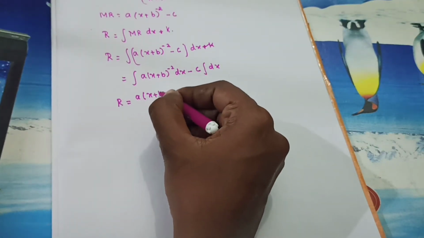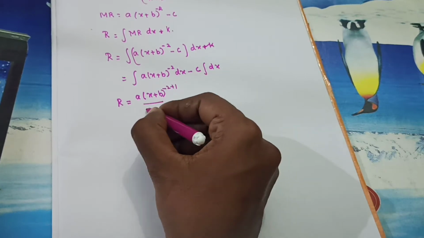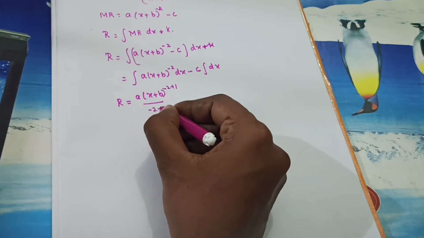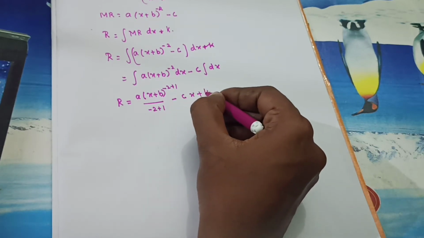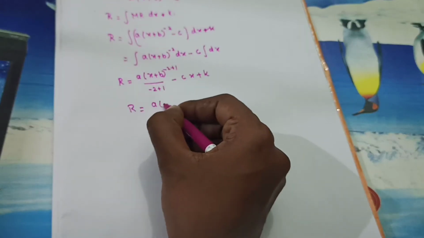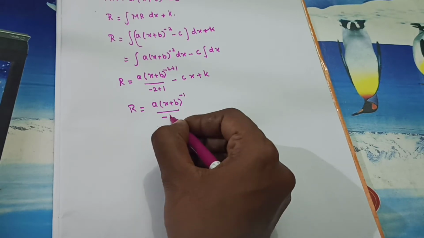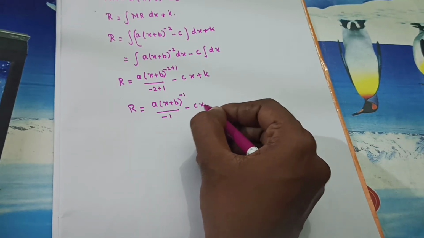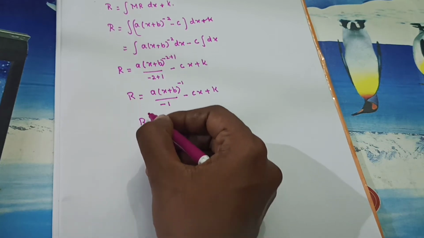So (x plus b) the whole power minus 2 plus 1 divided by minus 2 plus 1, minus cx plus constant k. So R is equal to a into (x plus b) power minus 1 divided by minus 1, minus cx plus k.